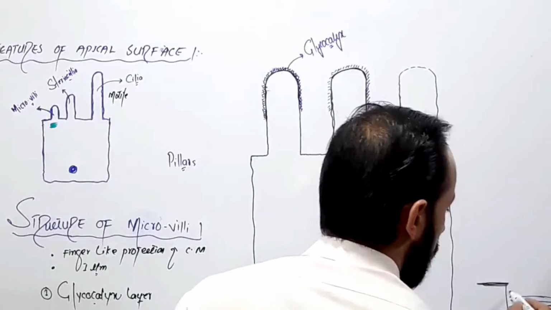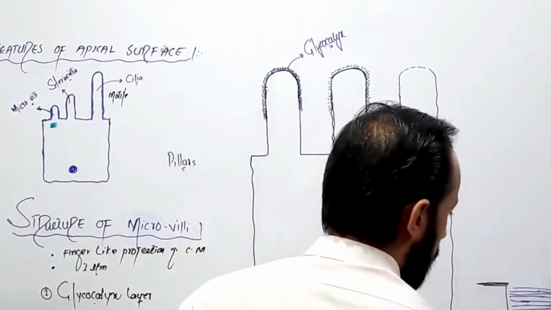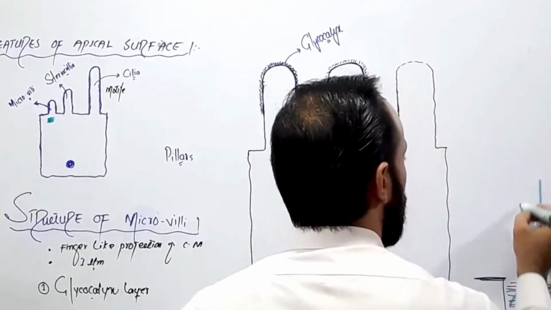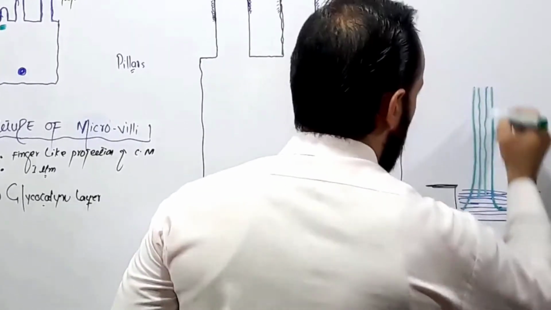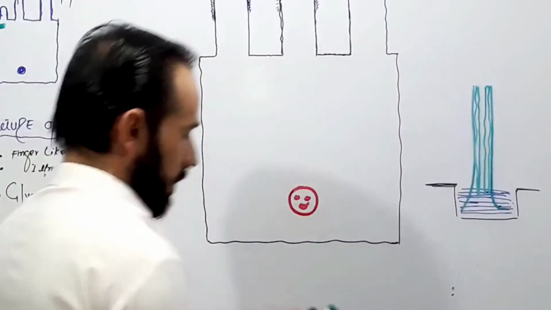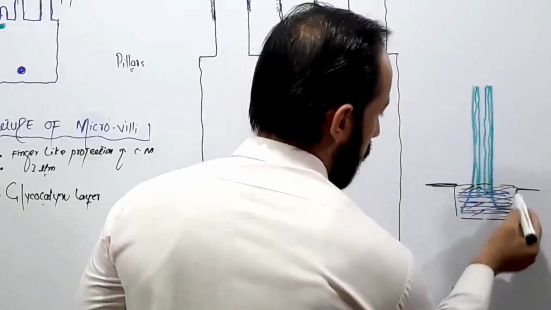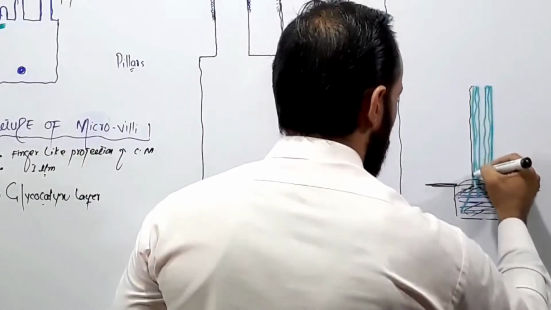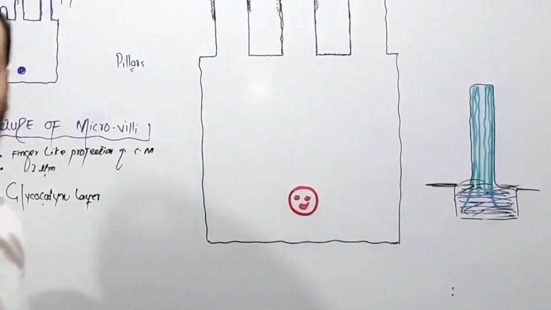Then we take some parts of it to go upward like this, and then we again put certain building materials here to make it very strong. This is the pillar, right?